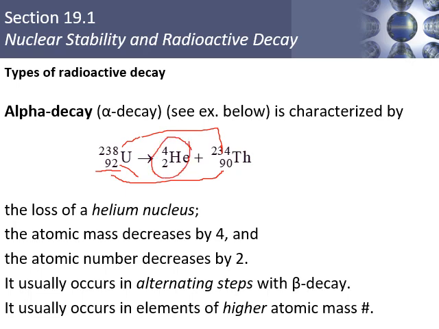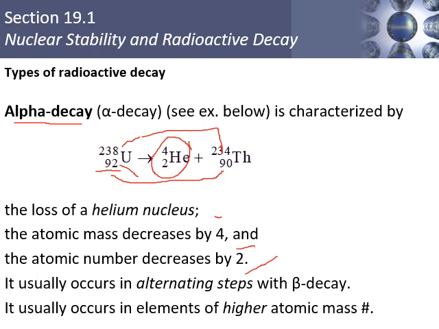In other words, it's a helium that doesn't have the 2 electrons. So whenever you've got alpha decay, the atomic mass will always decrease by 4, and the atomic number will always decrease by 2. And this is especially true for the things that are above atomic number 84. Usually it will occur in alternating steps with beta decay, which I think we have a slide for.